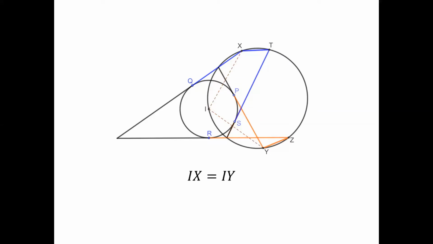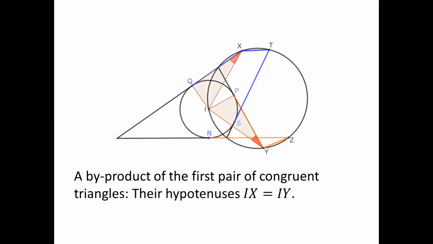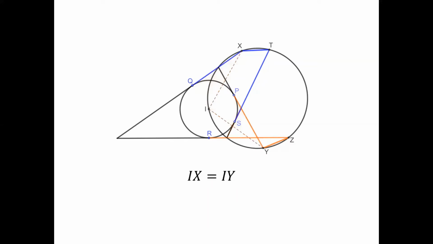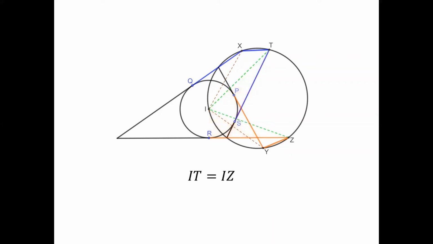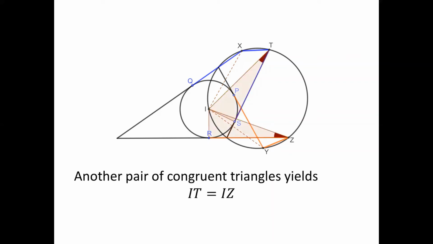Another pair of congruent triangles yields the hypotenuse IT equals IZ.